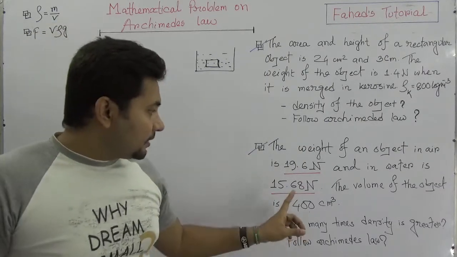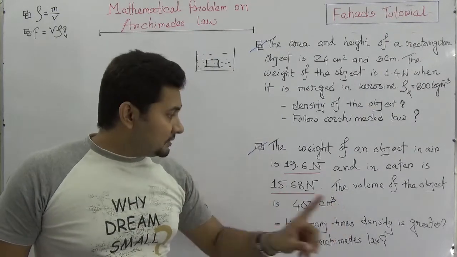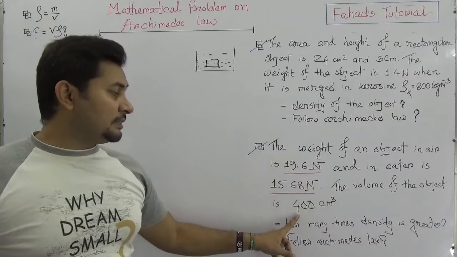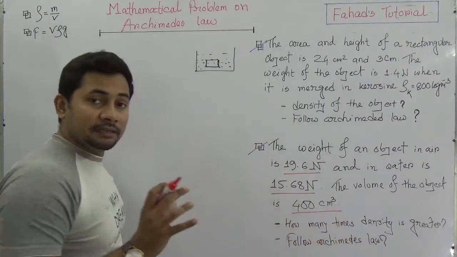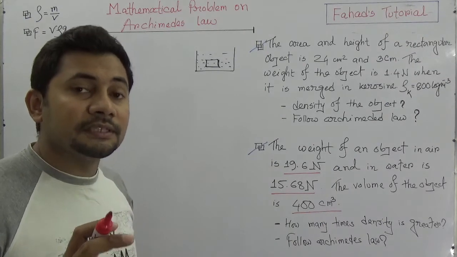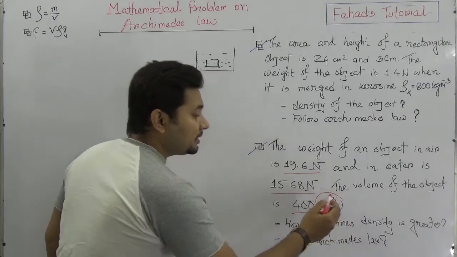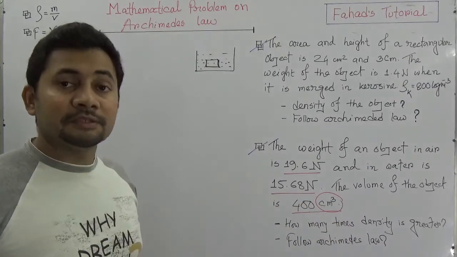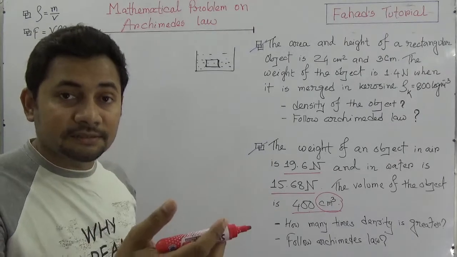Another thing is that the volume of the object is given as 400 cm cube. When the unit is given as cm cube, we need to convert it into meter cube, because we need to solve these questions in MKS or SI units.